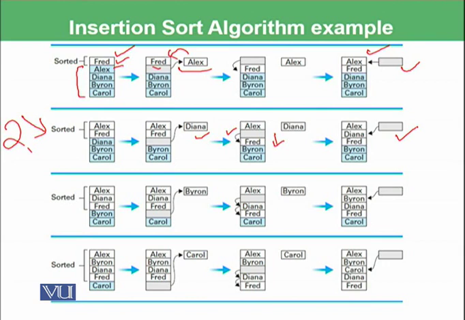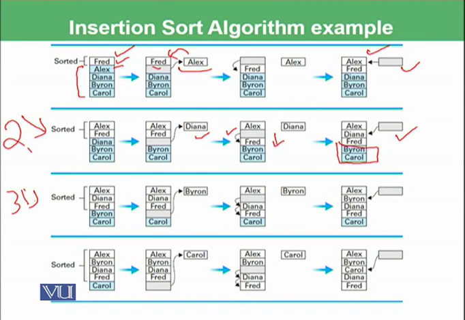After the conclusion of the second step, Alex, Diana and Fred are sorted, and the list in the blue background, Byron and Carol, is unsorted at the moment. Then the third step: we have Alex, Diana and Fred as sorted and Byron, Carol as unsorted.